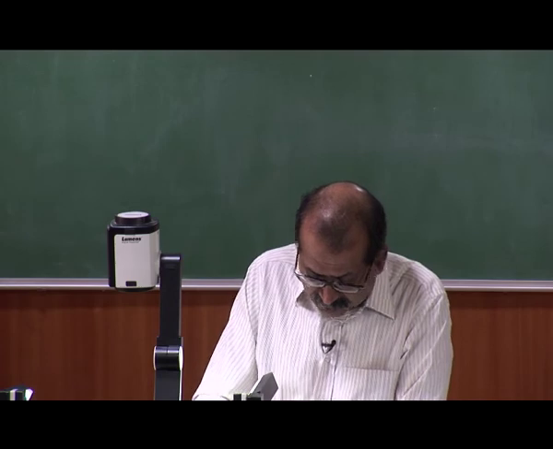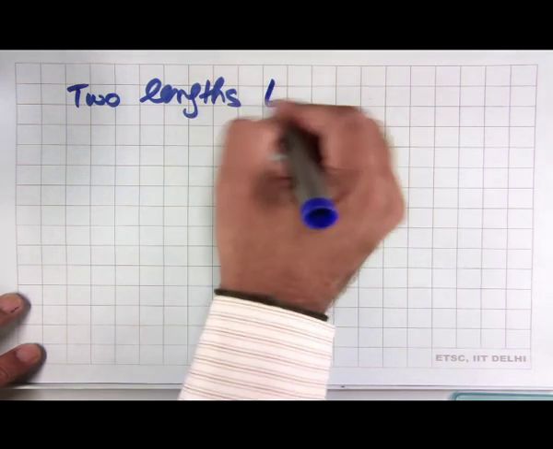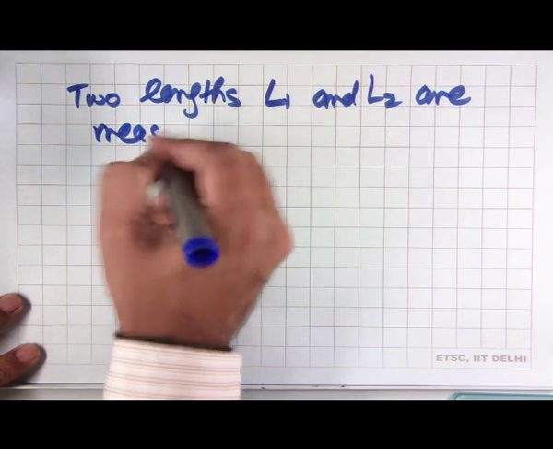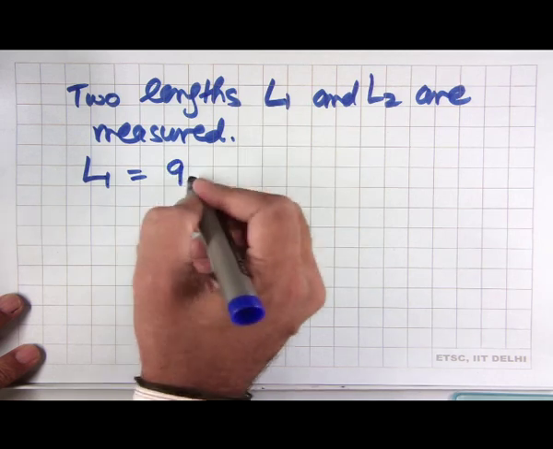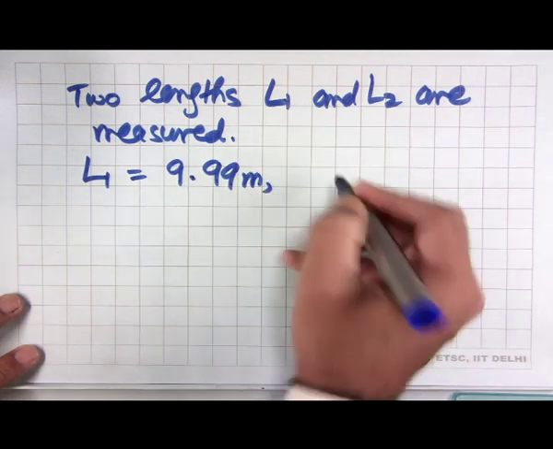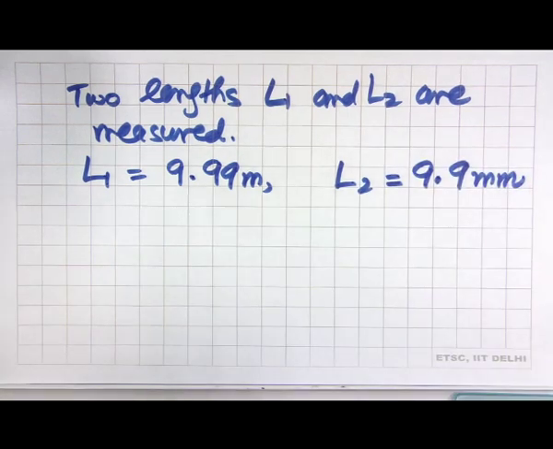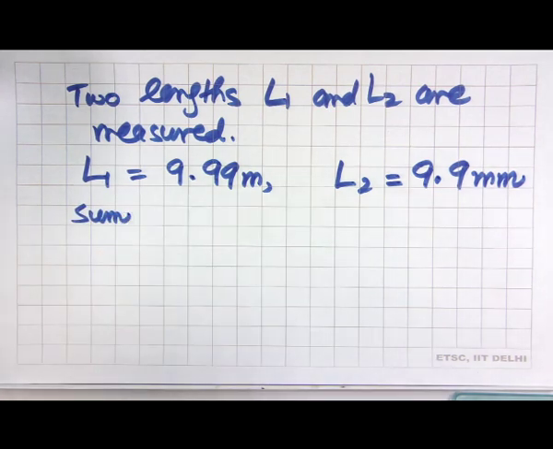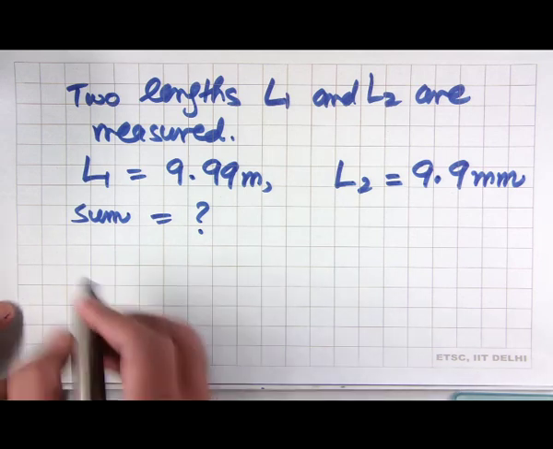Let us say that two lengths L1 and L2 are measured, and they are given as L1 equal to 9.99 meters and L2 equal to 9.99 mm, and we have to find the sum up to the correct significant digits. So, once again we have to be careful, we convert both to the same units.